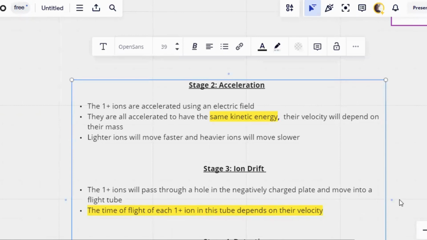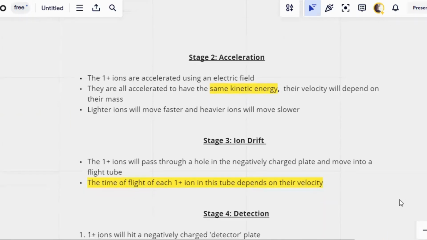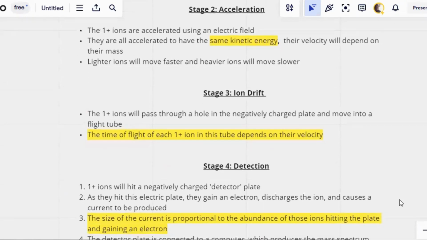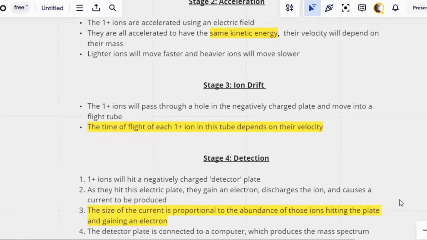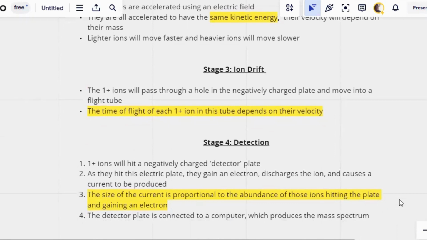Okay, let's talk about stage number four, the last stage, which is detection. In this stage, what happens? Once they have passed through the flight tube, the positive ions hit a negatively charged detector plate, and as they hit this plate, they gain an electron, and this gaining of an electron discharges the ion, and it causes a current to be produced.